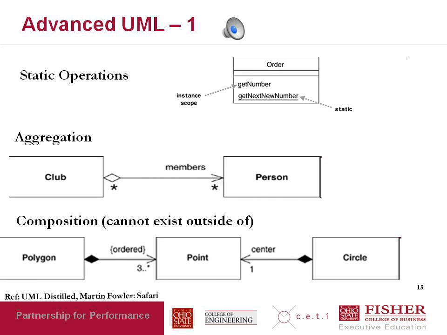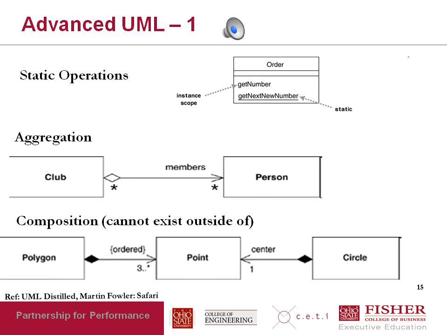An even stronger relationship, stronger than aggregation, is one of composition, where you have the similar membership kind of relationship, but the component, the member object, cannot exist outside of the containing object.